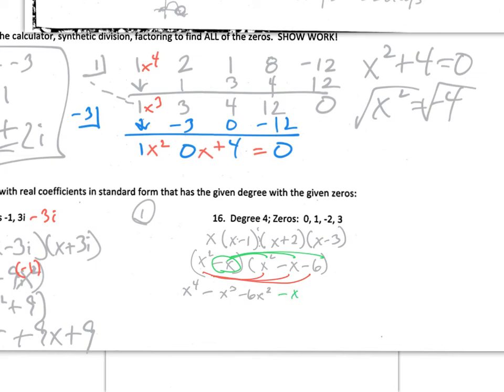So we get -x to the 3rd plus x squared plus 6x. Combining like terms, highest power, x to the 4th. There's 2 of these, so minus 2x cubed. X squareds are minus 5x squared plus 6x. No constant. Definitely one of those on the quiz.